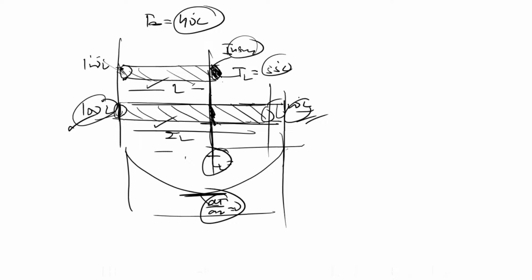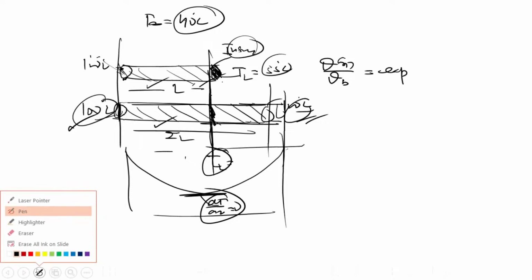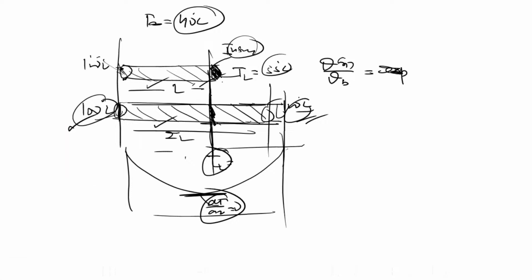For an insulated surface, the profile is theta x upon theta b equal to cosh of m(L minus x) upon cosh mL. This is the formula for when the tip is insulated.